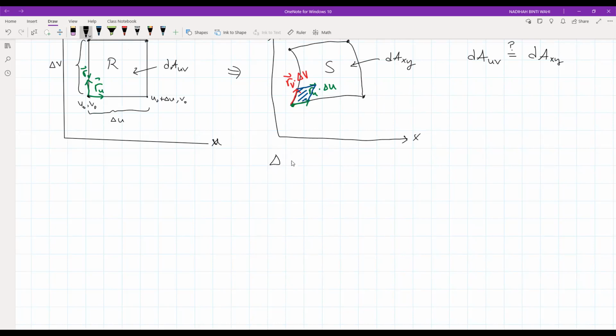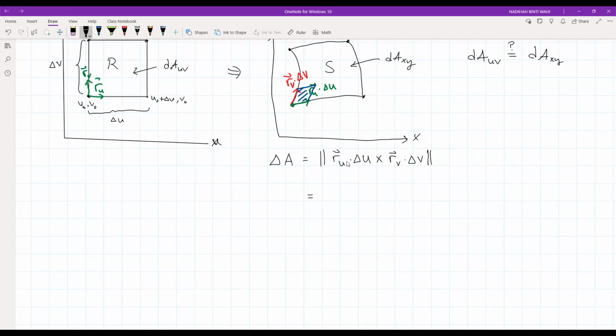So the delta A in this small area is just the magnitude of R sub U, delta U, cross R sub V, delta V. So this is just the approximation, still in delta.